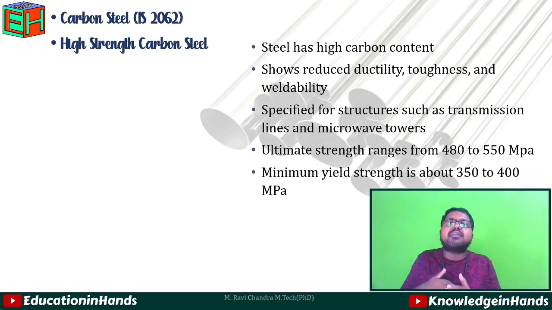So this type of steel is specified for certain applications like construction of transmission towers or microwave towers, where it needs high durability and high strength. Its ultimate strength ranges from 480 to 550 megapascals, and its yield strength varies from 350 to 400 megapascals.